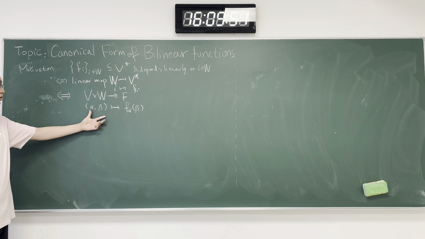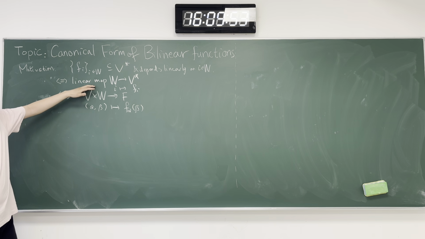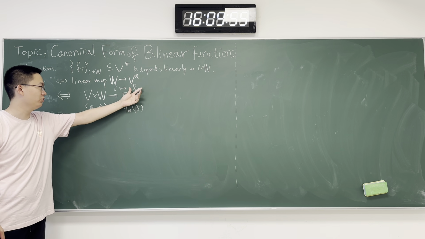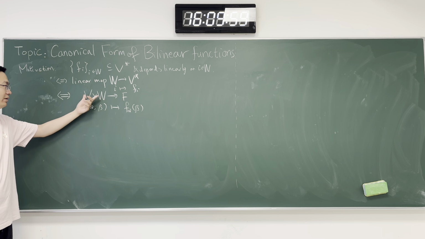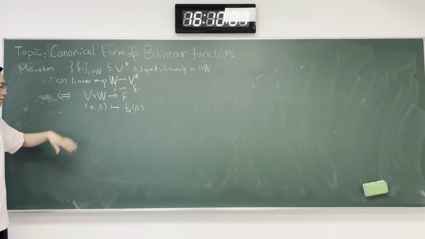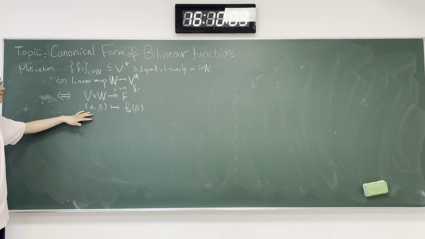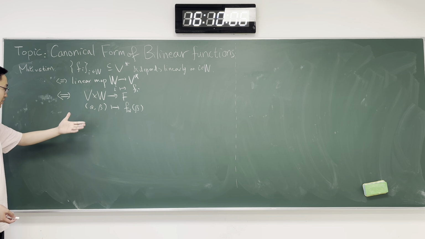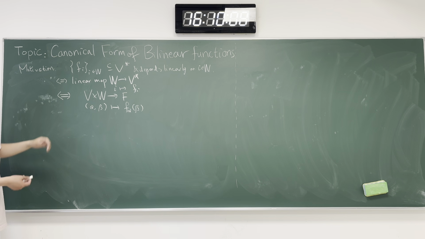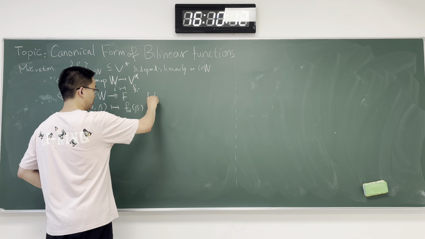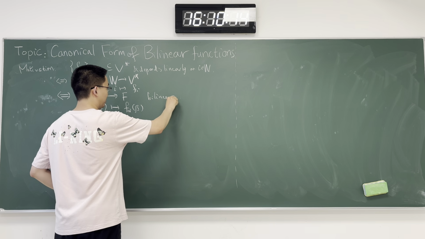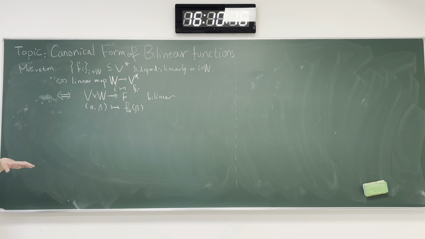So this is a basic model where we turn the linear map from a space to another dual space into just a simple bilinear function on the product of these two vector spaces. This is a basic observation, and it is also our original source of motivation. So you have just seen that bilinear guys appear naturally in our field.